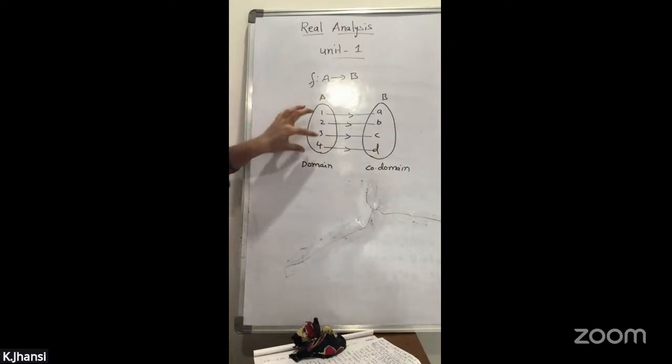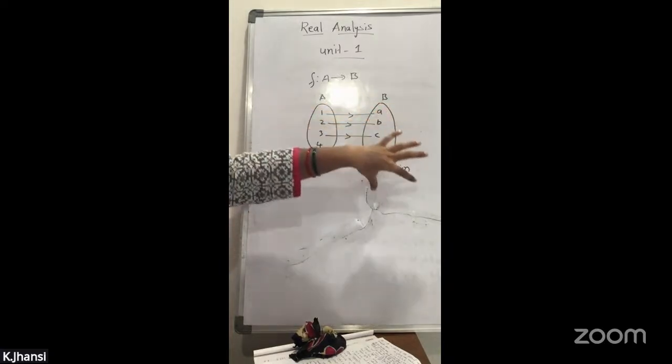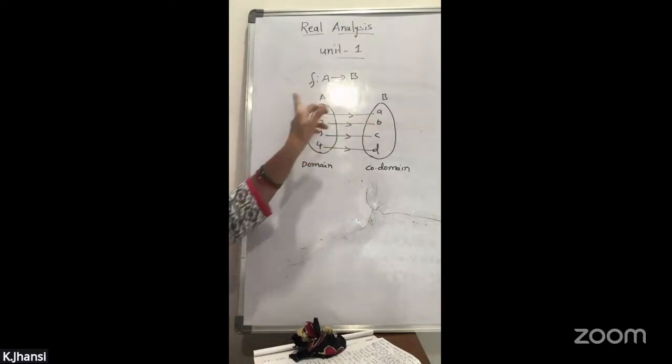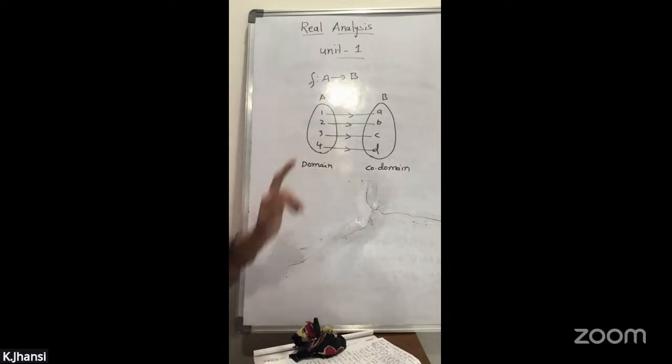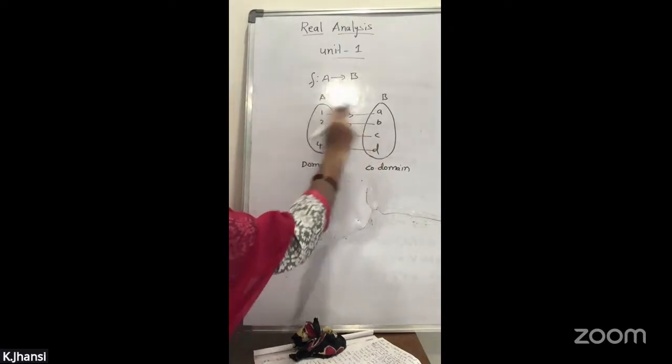Whenever the elements are present in the domain, they should have an image in the codomain. Then we call that mapping a function. Okay. And you can see that it should compulsorily have only one image. So that means 3, it is to one function.